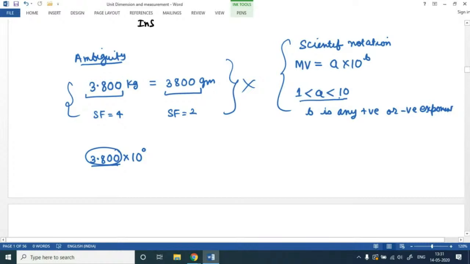If we want to represent it in gram, that would be simply 3.800 into 10 to the power 3 gram, that is kg. And in other units also you can represent it, for example 3.800 into 10 to the power 4 milligram, or 10 to the power 5 centigram, something like that.